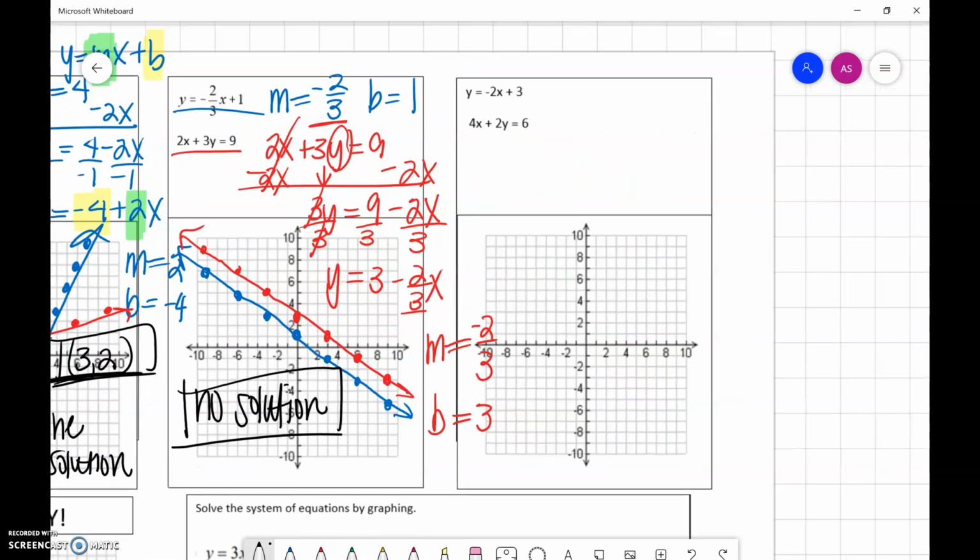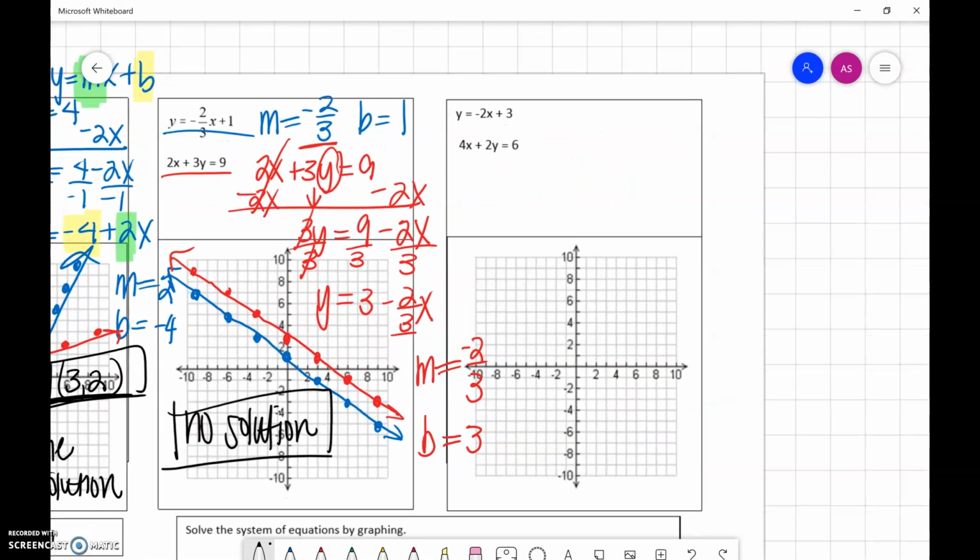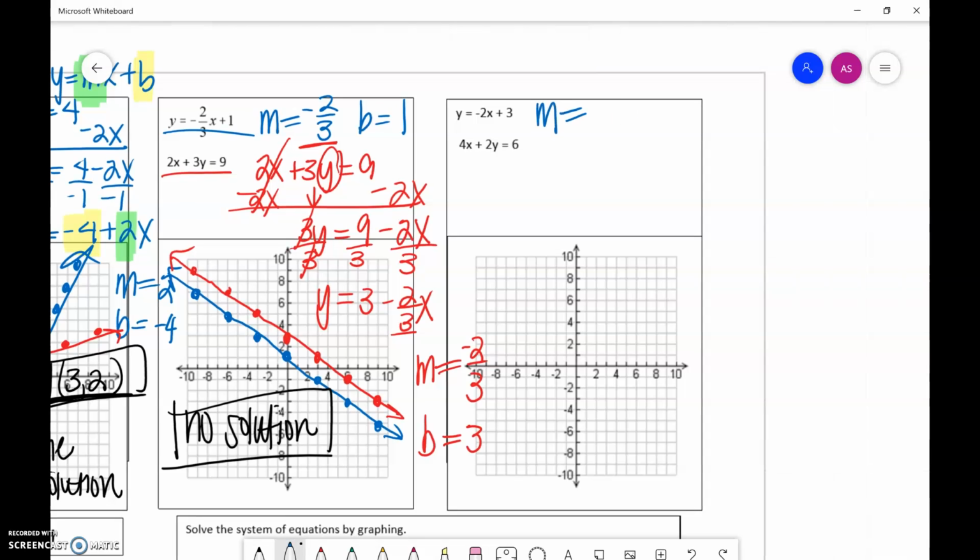Okay, so let's look at our last one. Again, this is in slope-intercept form, so that makes it a little bit easier. So we have negative 2, and we have 3. So we're going to start at 3 and go down 2 over 1 each time. Okay, I went 1 too many.